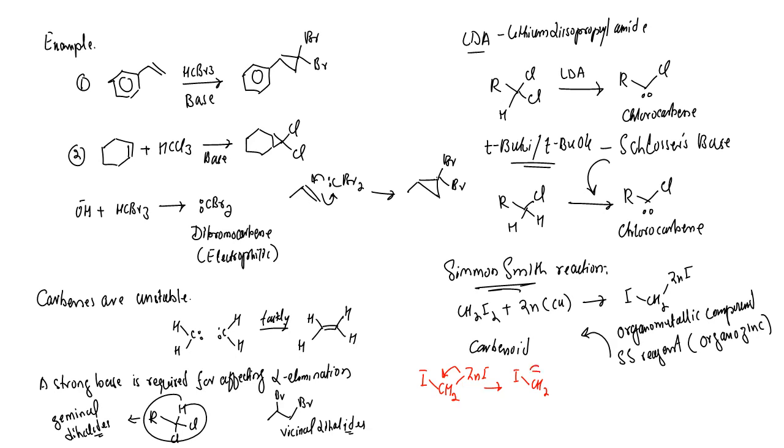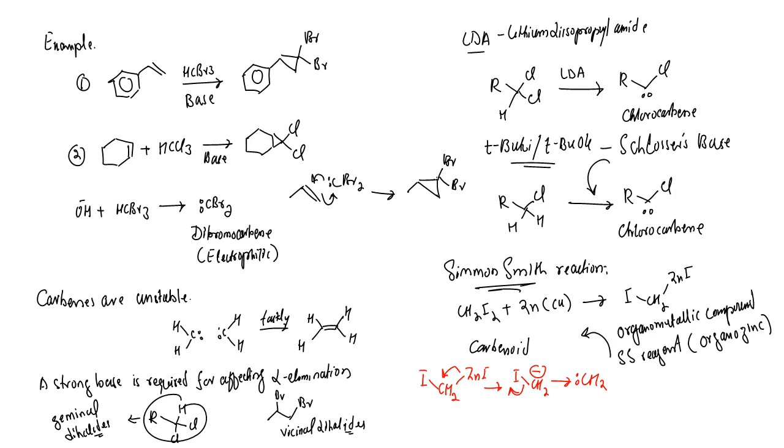As a result, we get a carbene, and in the next step the iodide ion leaves from the molecule and we get methylene carbene, and this methylene carbene then ultimately adds to the double bond. Usually in a Simmon-Smith reaction, cyclopropanes are made. In other words, the Simmon-Smith reaction is used for synthesizing cyclopropane from an alkene.